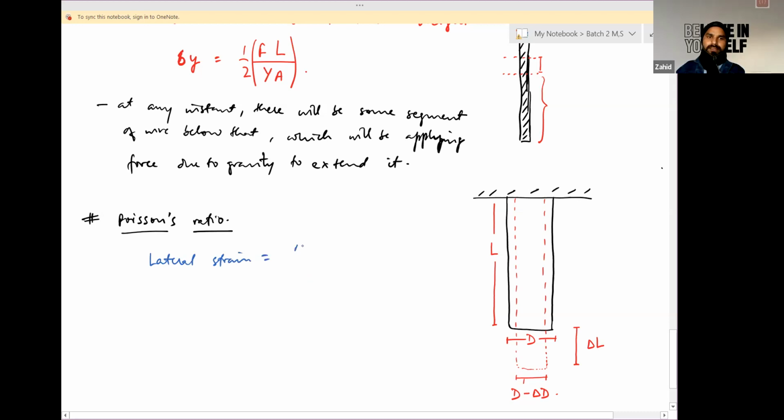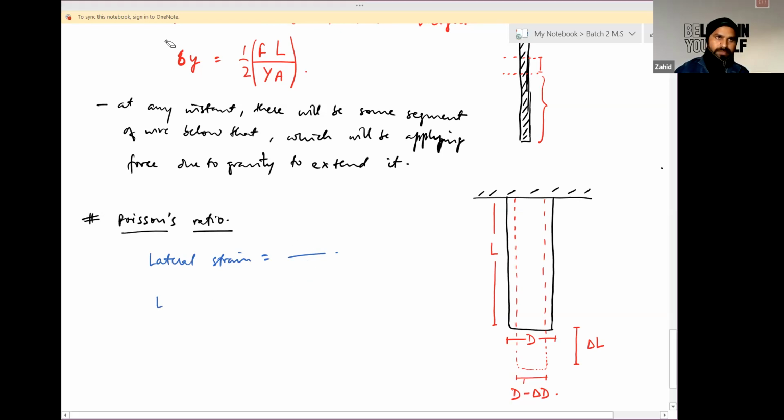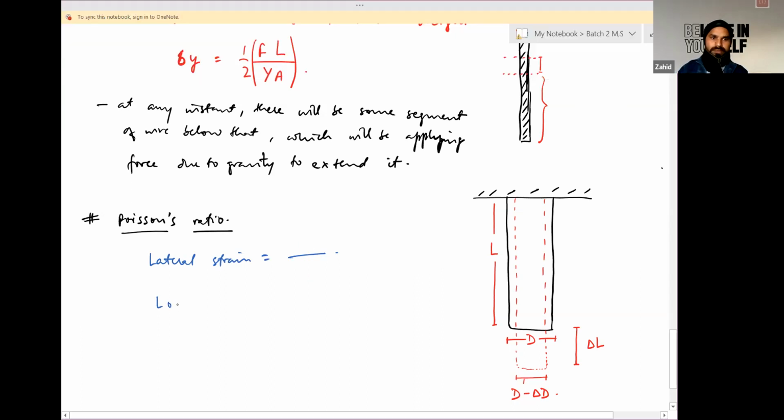So longitudinal strain is elongation divided by its original length, so it will be delta L by L. Correspondingly, there is change in its width, which is called lateral strain, which is deformation in its width.